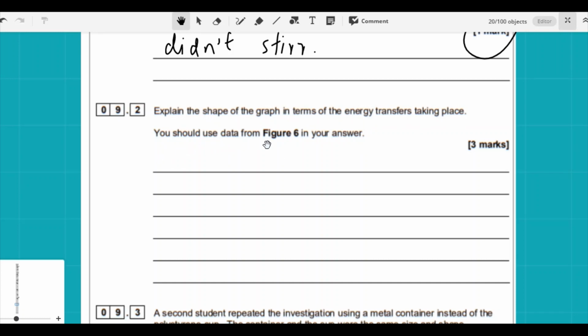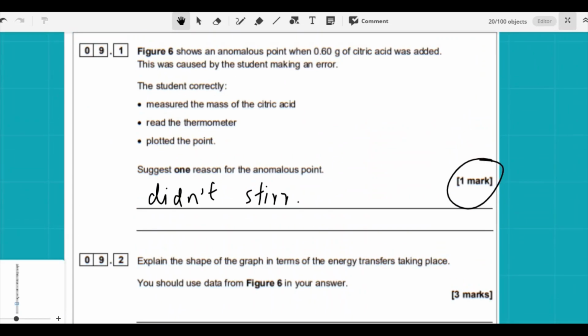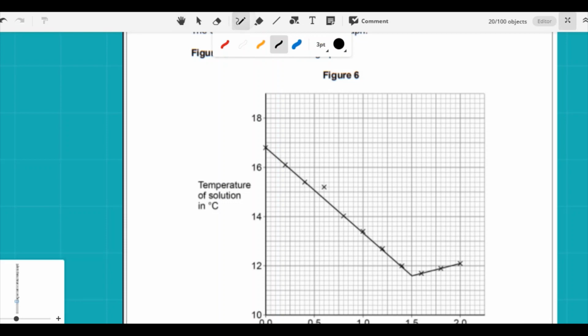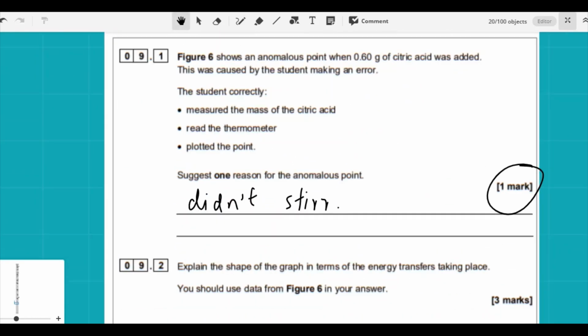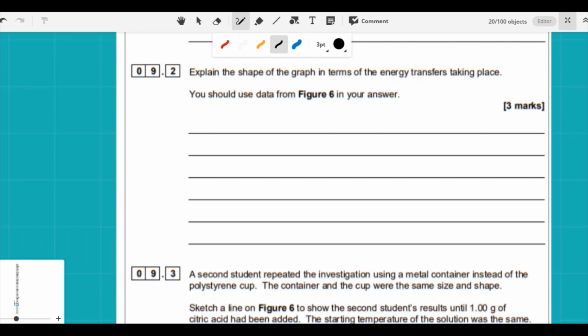Question number 9.2 is about explaining the shape of the graph in terms of energy transfer taking place. You should use ideas or the data from Fig 6 in your answer. Okay, if you see in the graph, there is a decrease in the graph at 1.5 and then there will be an increase. So it means that here you can write the temperature decreases initially. I am going to write in short. So that is temperature decreases initially. Okay, because energy is taken in, because you know that the temperature decreases because an endothermic process takes place.